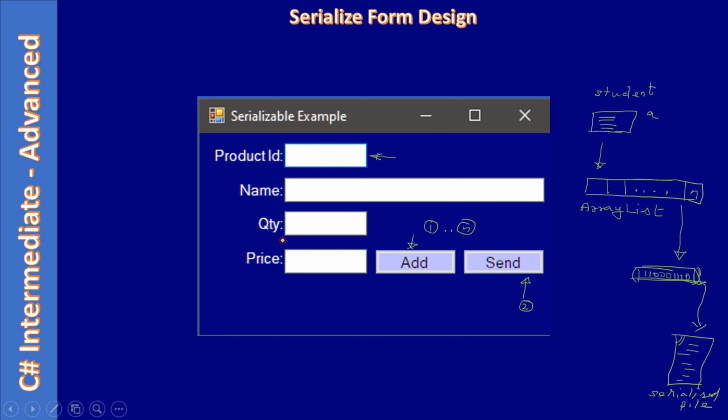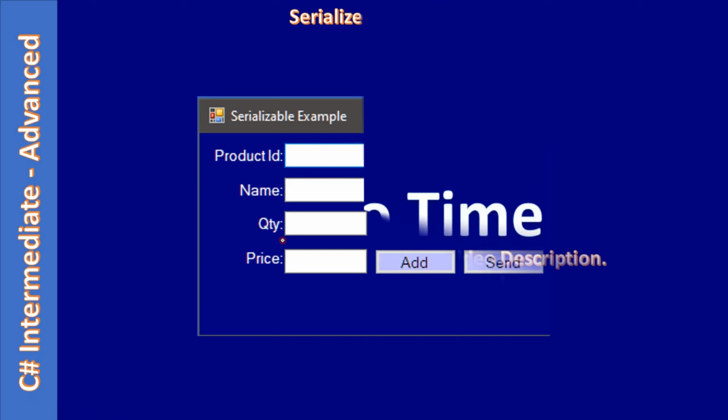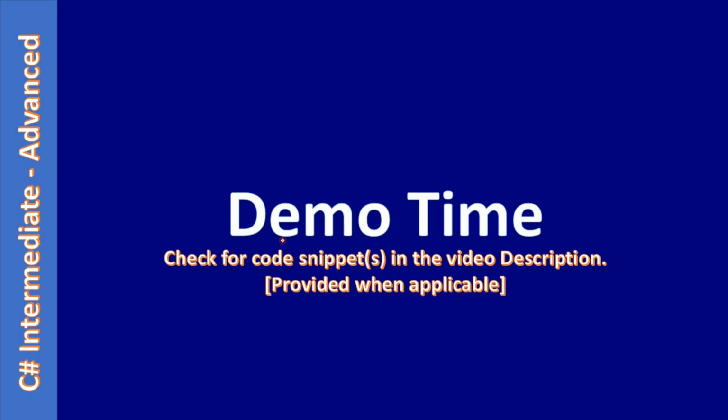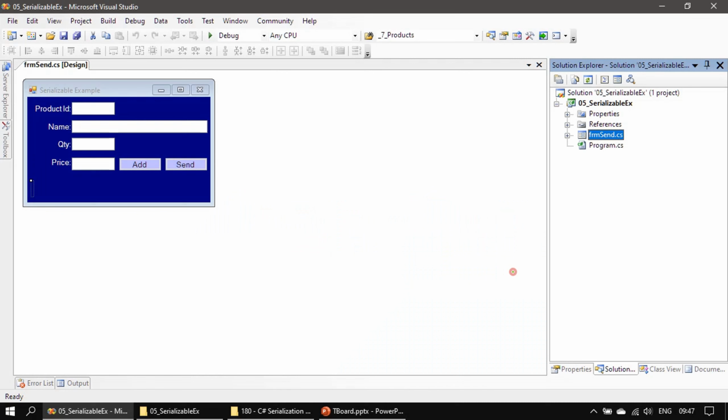Now we will go to the form design and look at the control names. Now it's demo time. So here is the project created. If you want to create the project on your own, you can create a Windows application project or Windows Forms project.